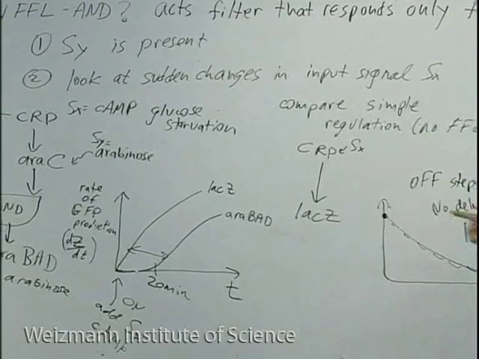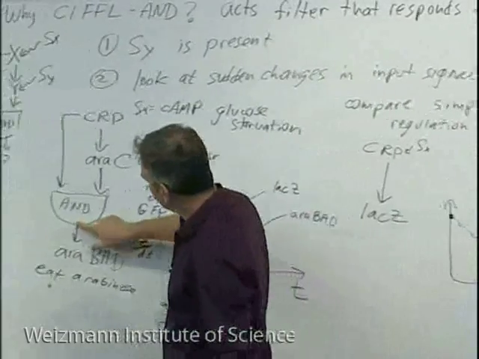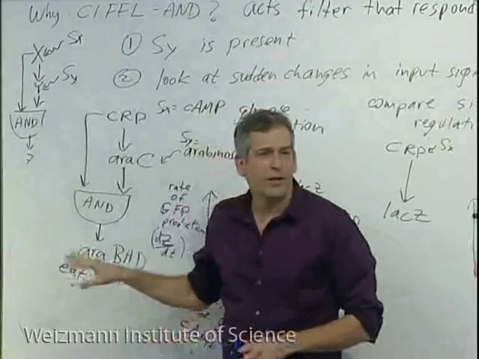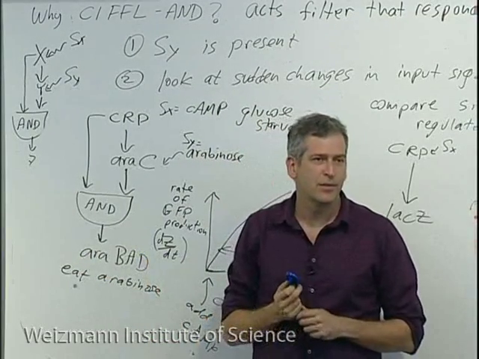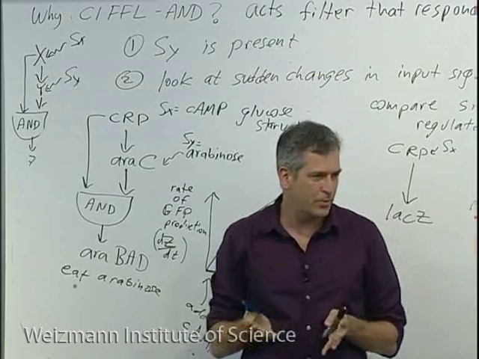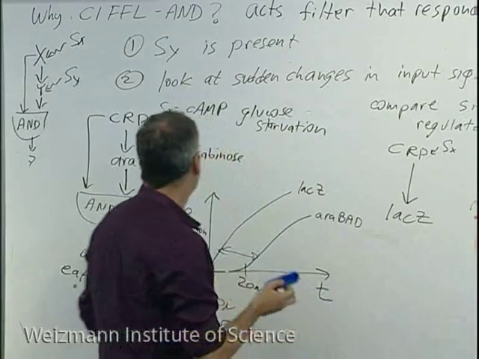Now, we talked about the AND gate. What happens if it's not an AND gate but an OR gate? That's also a possibility, right? So we can try to analyze that.